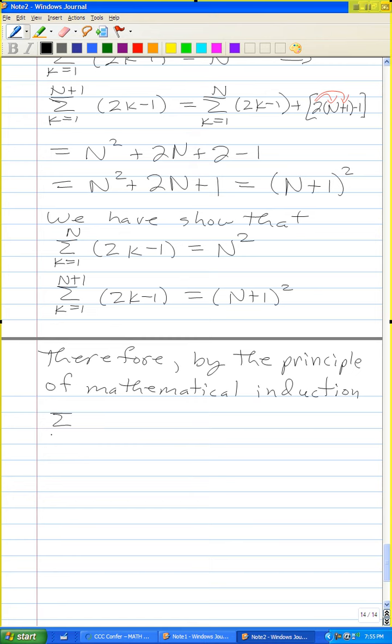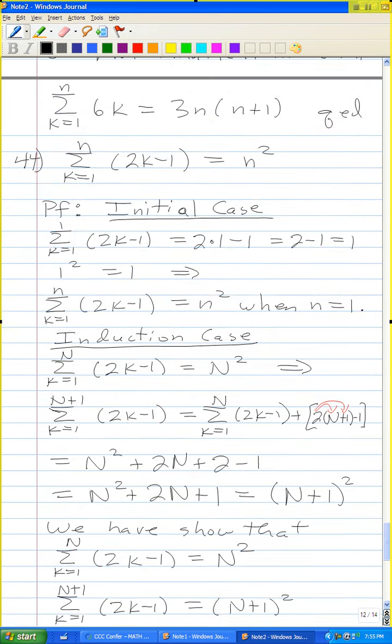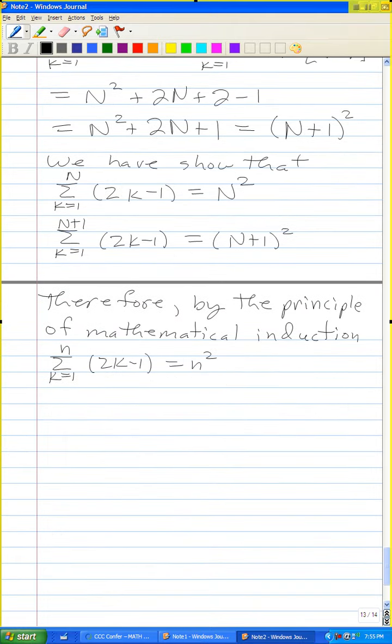The sum k equaling 1 to n of 2k minus 1 is equal to n squared. And this is true for every natural number n. Okay? Here I'm assuming, obviously, n is any natural number.